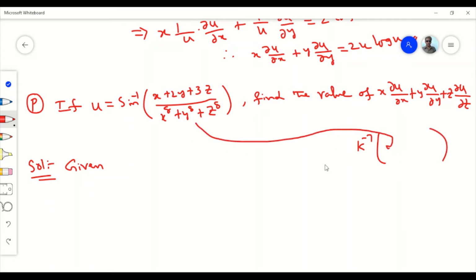But you have sin inverse before that, so you cannot take this k power minus 7 out of this. So u is not a homogeneous function. You cannot apply Euler's theorem for u directly, right?